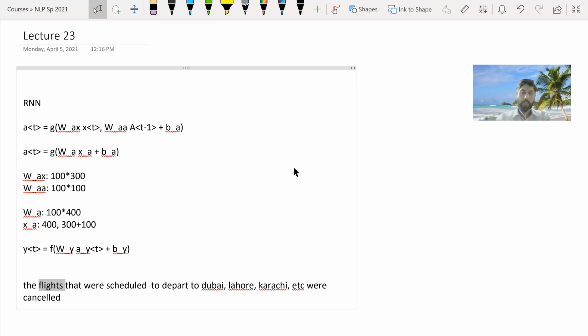So of course, when you're feeding this to a recurrent neural network, you would need to retain this information that flights was plural when you reach that stage of deciding what word should come at the position were. So if you use a standard recurrent neural network, that information might be lost because of the numerous intermediate words that come between flights and were.